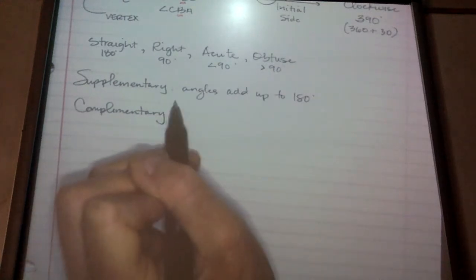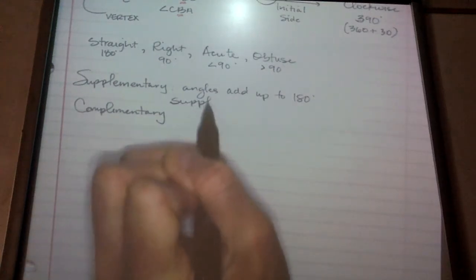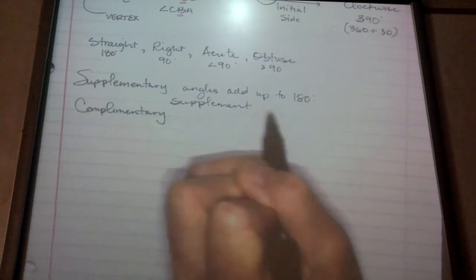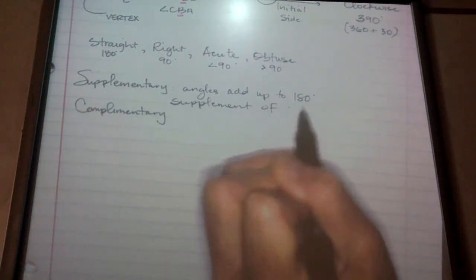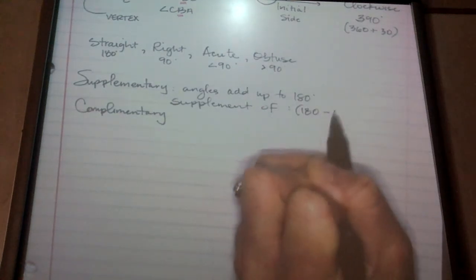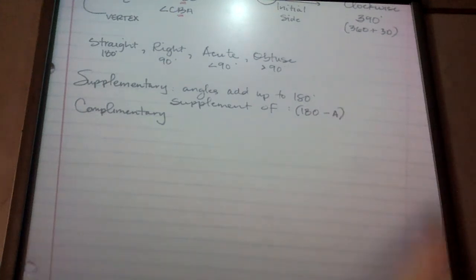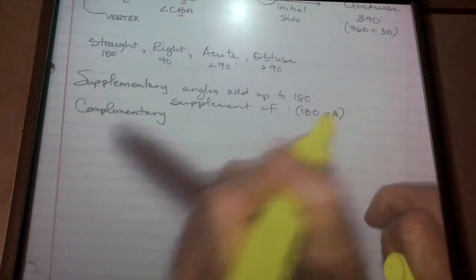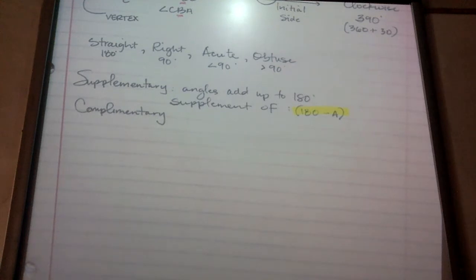Now, what's really important is you know how to write the supplement of, and to write that I would say 180 minus angle A. So that's super important. You're going to see that in our homework. It's 180 minus A because I know they have to add up to equal 180. So 180 minus the angle they're referring to would tell me what the other angle is.